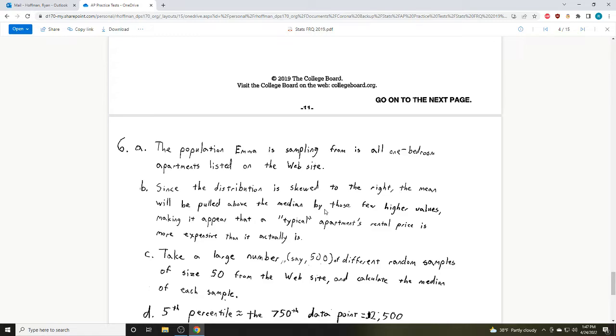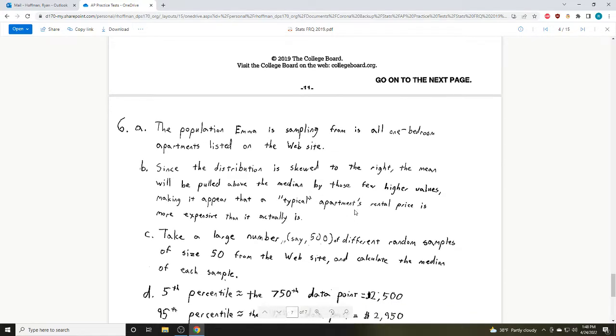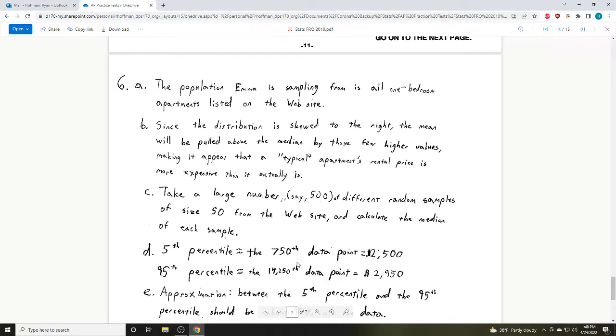Since there were 15,000 in our sample, then the 5th percentile should be at the 750th data point so that 5% of the values are below it. 750 is 5% of the values. So we count up and we find that the 750th data point is at 2,500.